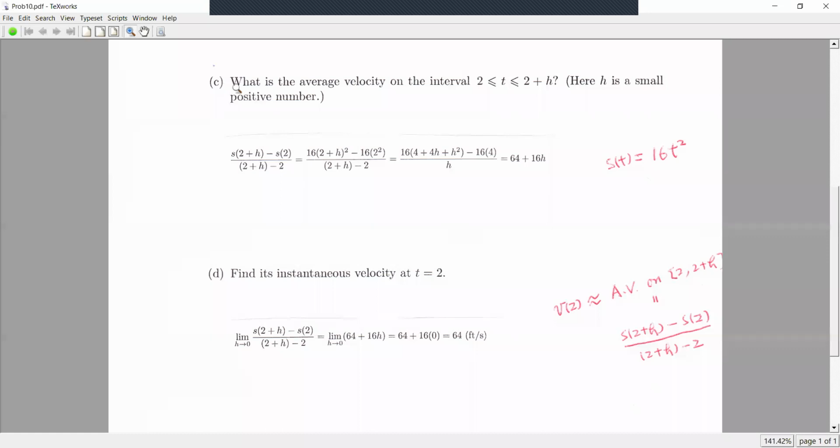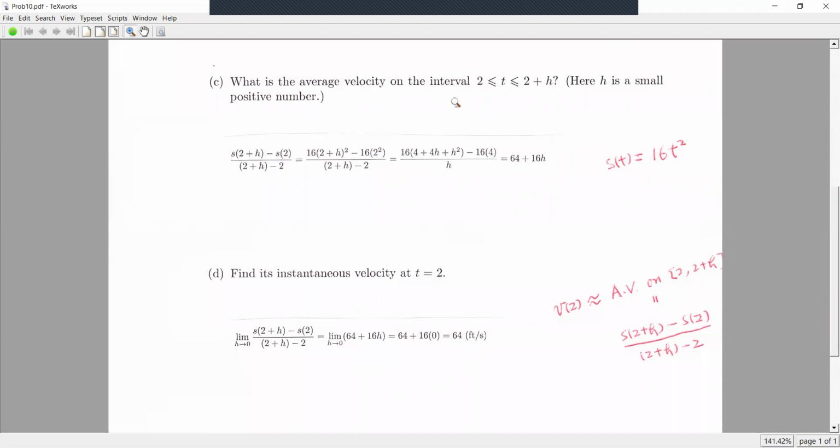Part C. What is the average velocity on the time interval between 2 and 2 plus h? Here h is a small positive number. By formula, the average velocity is distance traveled over time elapsed.